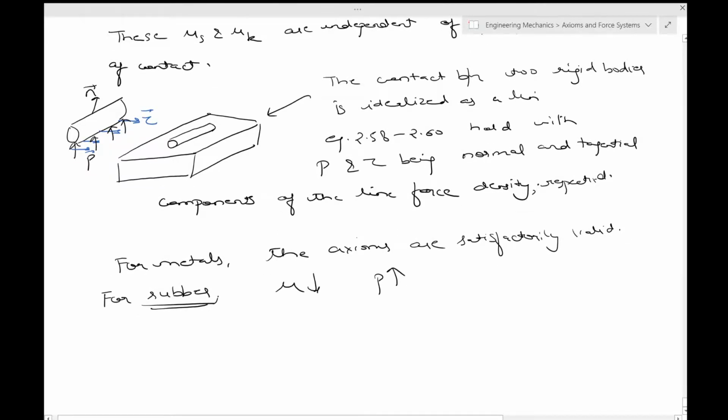So you should know that the mu which you have, say mu s or mu k, they are surface properties. So please don't look up a certain table and then say that the friction coefficient for a rubber or a metal is like this. It depends on what surface you are contacting it with. Okay.